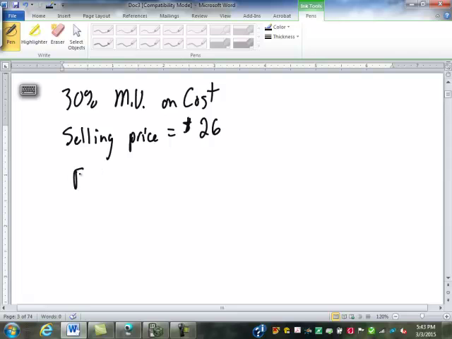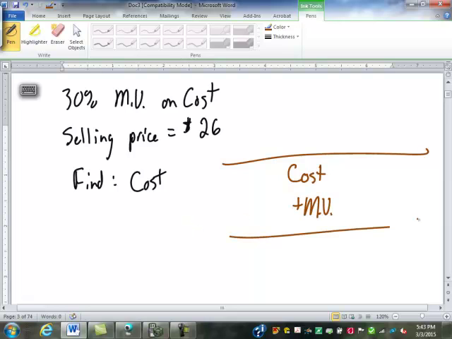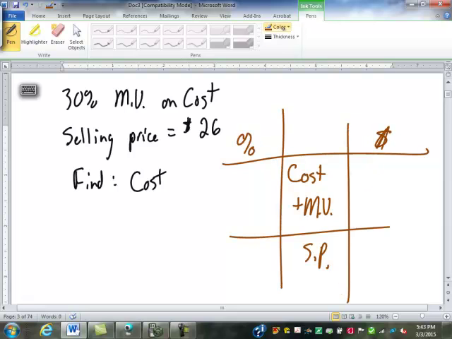I want you to find the cost. So again, cost plus markup equals selling price. Percents, dollars.